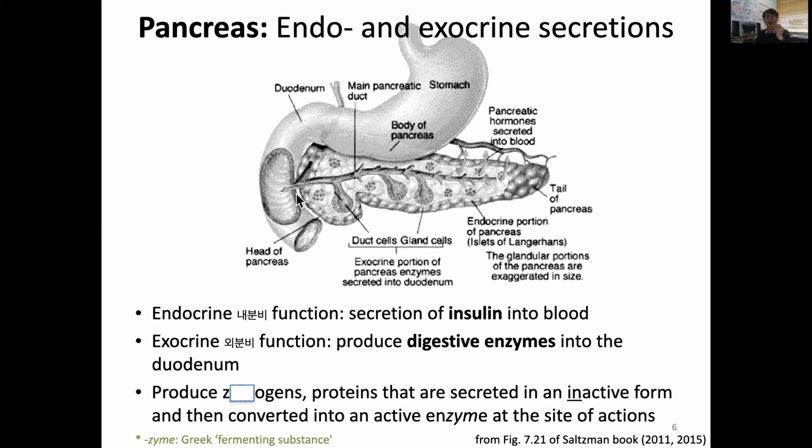So these kinds of precursor enzymes in general we call zymogen. And you know, this zymo comes from enzyme, and zyme means from fermentation or fermenting substance, because fermentation requires probably enzymes.